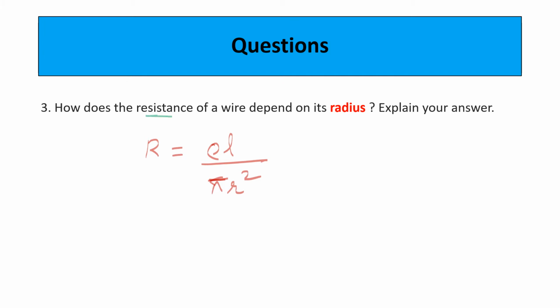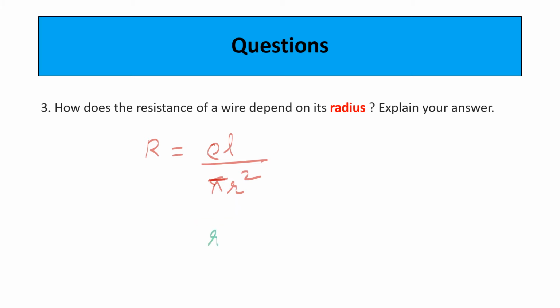How does the resistance of the wire depend on its radius? From this expression, it is clear that this resistance R is inversely proportional to the square of the radius. What do you mean by inversely proportional?